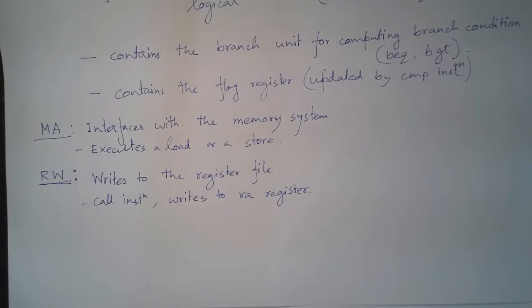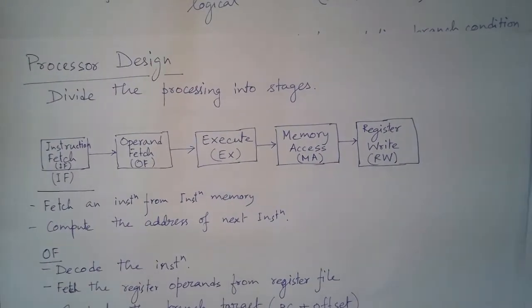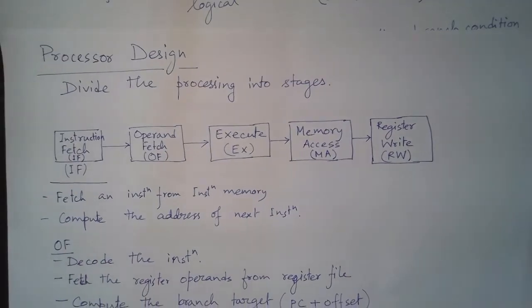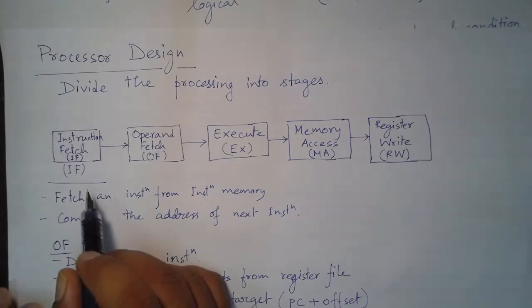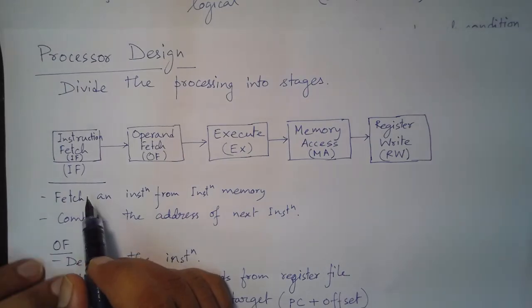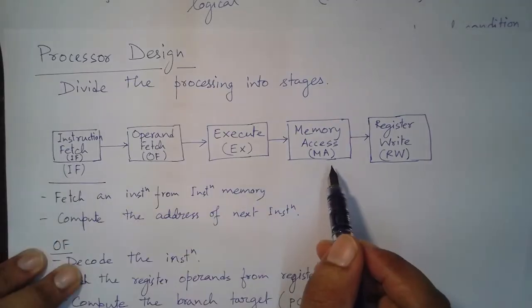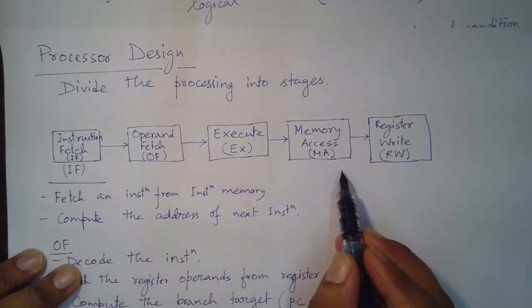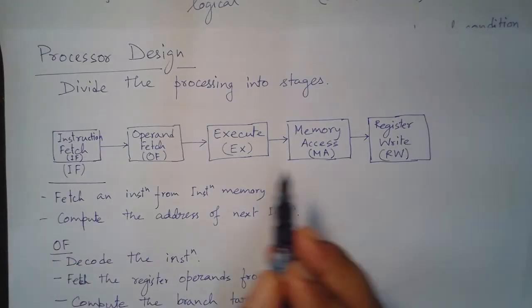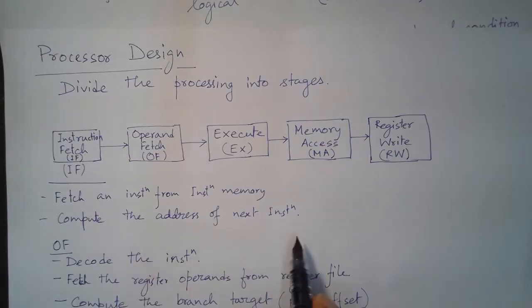So what we have seen so far is that we need to understand the design of a processor, and the thing we started with is that the processing has to be divided into multiple stages. The stages are instruction fetch, operand fetch, execute, memory access, and register write. In instruction fetch, we fetch an instruction from the instruction memory and then compute the address of the next instruction.